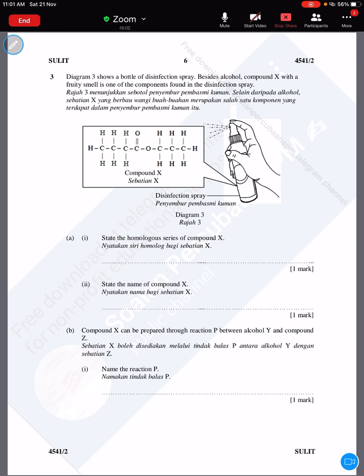Okay. This is question number 3. I love this question. Carbon compound is one of my favorite questions. Do you know why? It's easy. Hey, guys, do you still remember, I think I have taught you the carbon compound, combining everything.